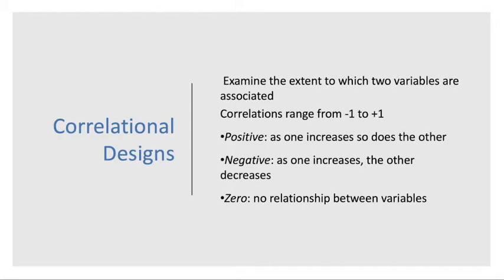So now back to our discussion of the different tools in our toolboxes. One approach, one design that is often utilized in psychology is the correlational design. And what correlational design means is that we're assessing how much change in one construct or one variable is happening simultaneously with change on another variable of interest.